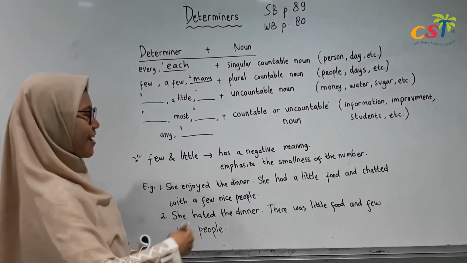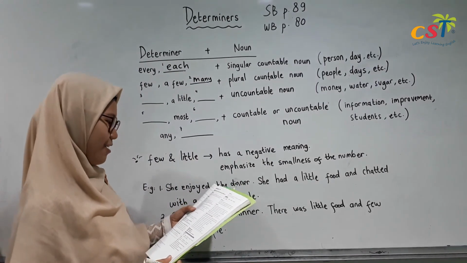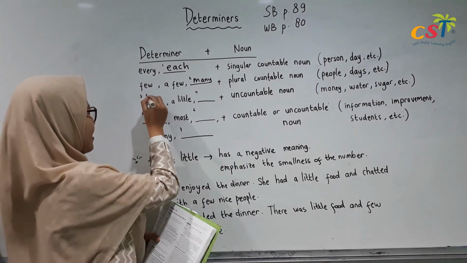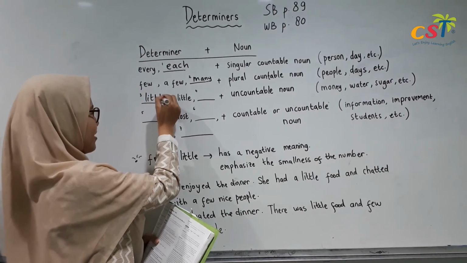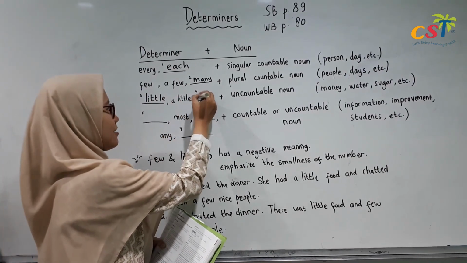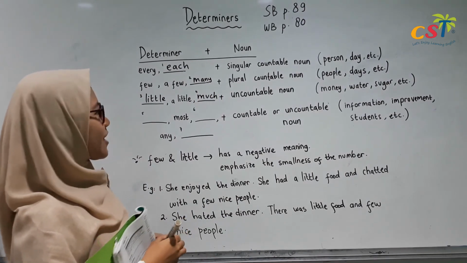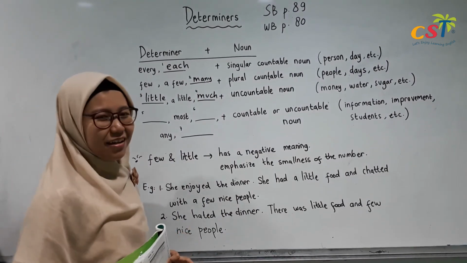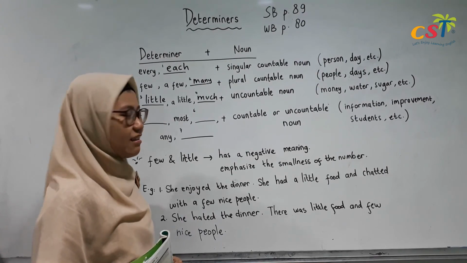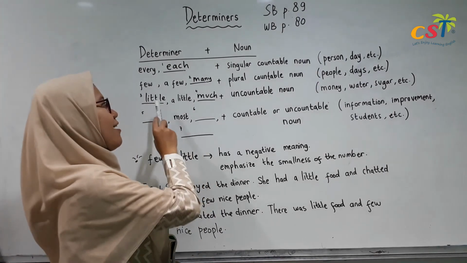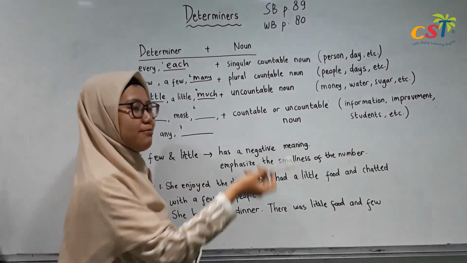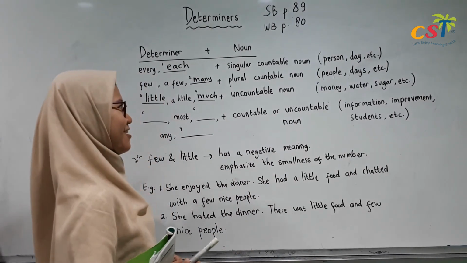For uncountable noun, you can use little, a little, and much. So we can say, I have little money. I have much money.